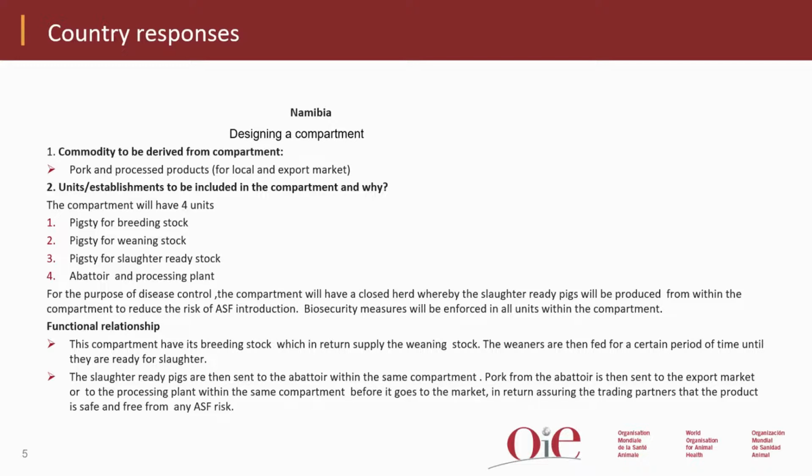So the idea is to produce the pigs from a younger age until they are ready for slaughter. And of course, we are going to enforce biosecurity measures within the compartment. Each unit is going to have specific biosecurity measures in place, and of course, traceability is also going to be in place.